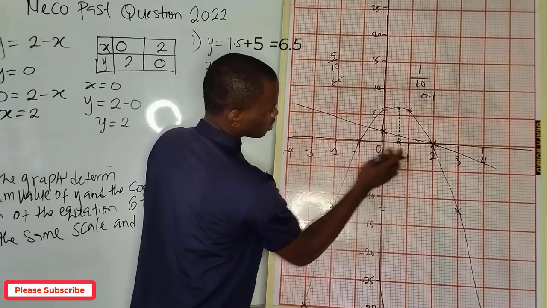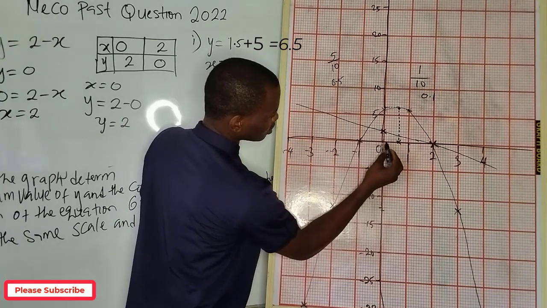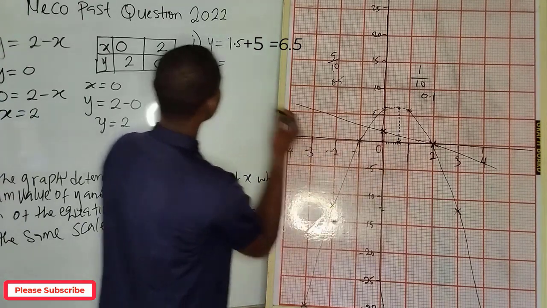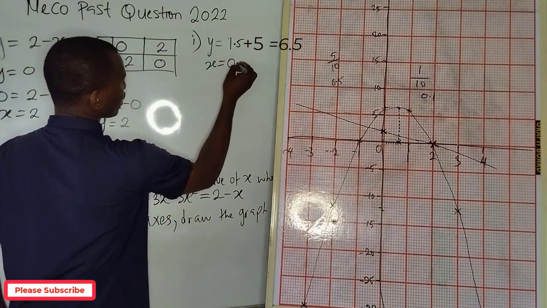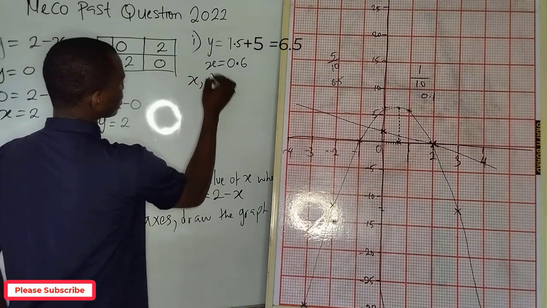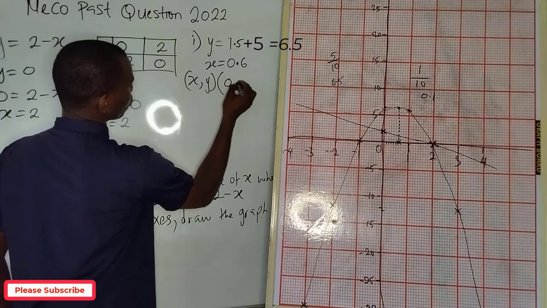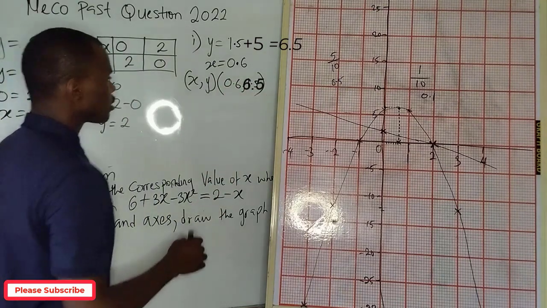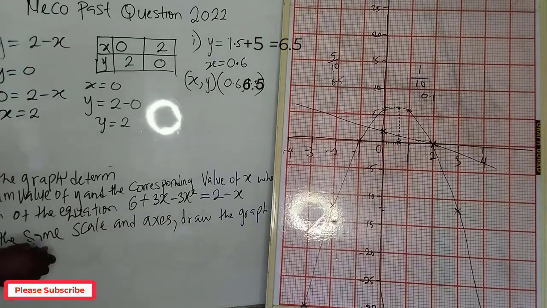Since our little line is 0.1, we'll now count. This is 1, another 0.1, 0.2, 0.3, 0.4, 0.5, 0.6. So the corresponding value of x is 0.6. So we have x, y. These are the values of x and y at the turning point.